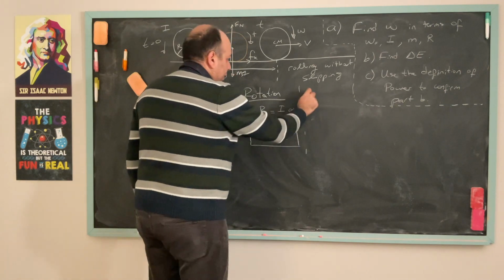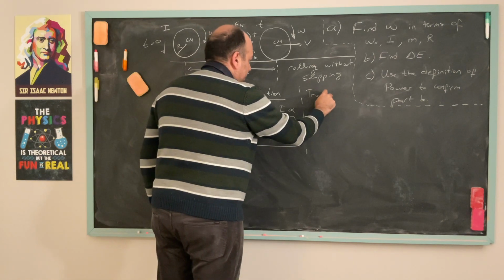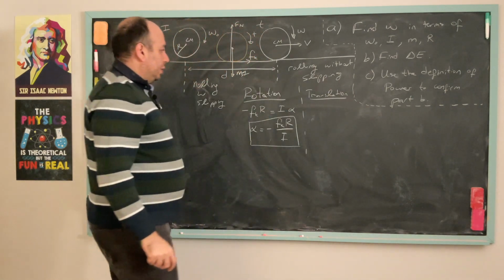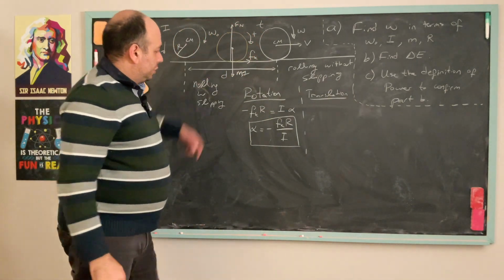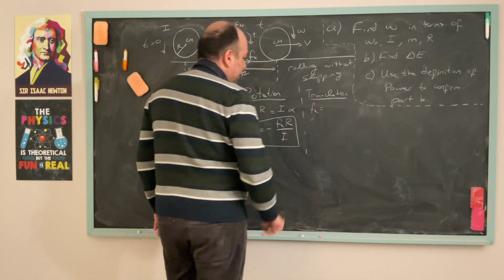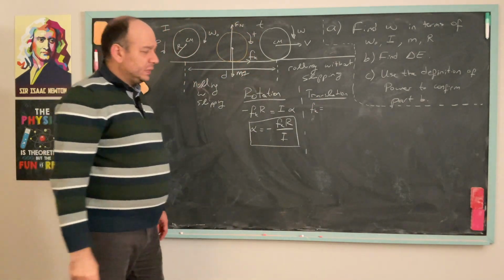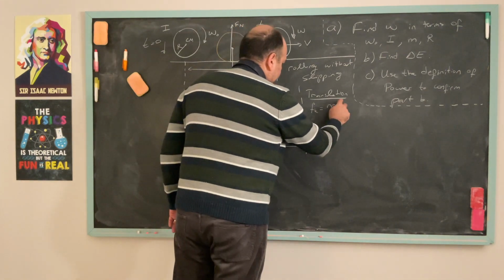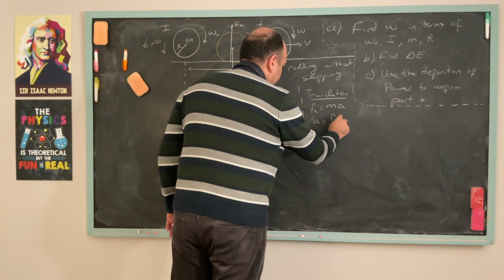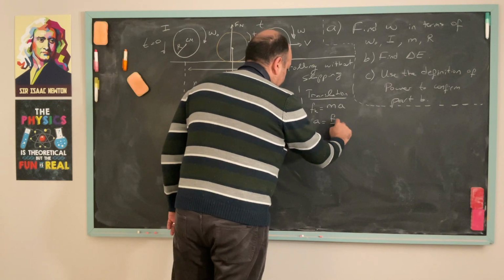Now let's look at the translation part. There will be a force to the right, F kinetic. F kinetic is equal to mass times acceleration, so the acceleration is simply equal to F kinetic divided by the mass.